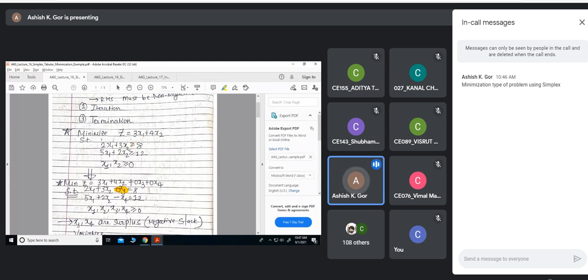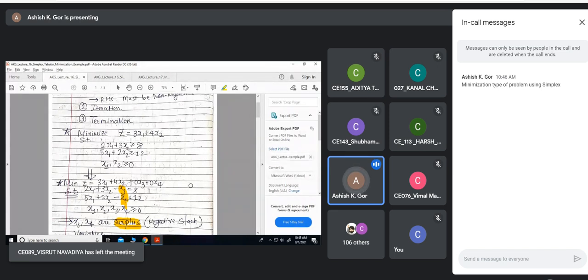These are now negative slacks, because x3 and x4 are positive, so minus x3 and minus x4 are negative, which means this is called a surplus variable. This is the technical name: x3 and x4 are called surplus variables.